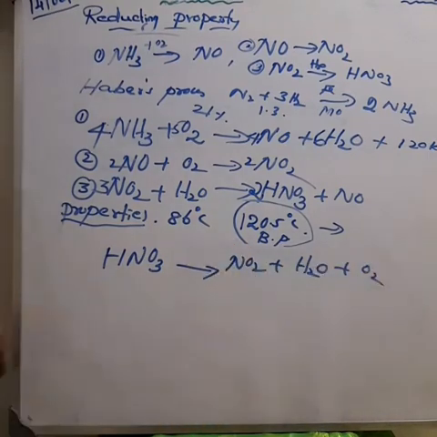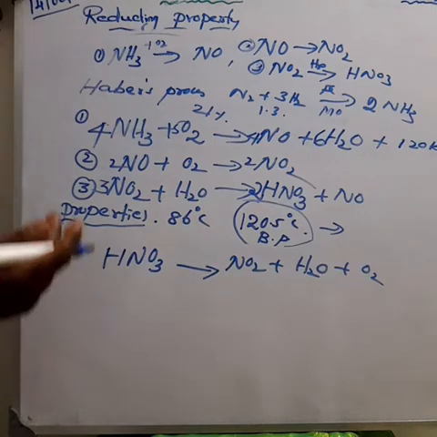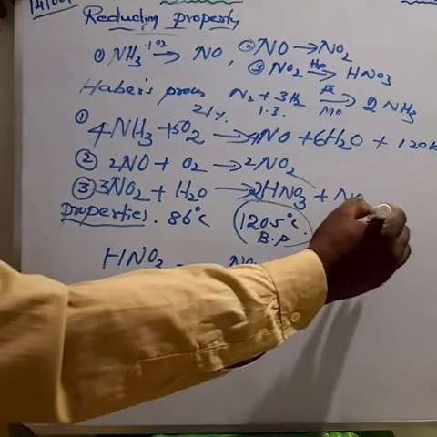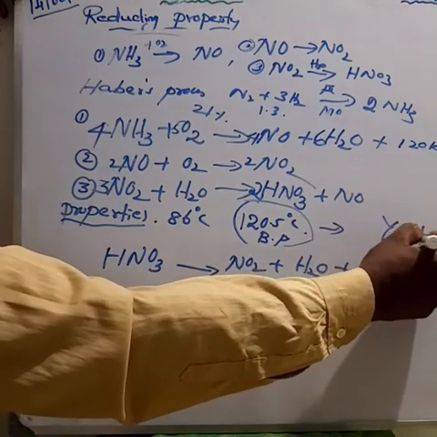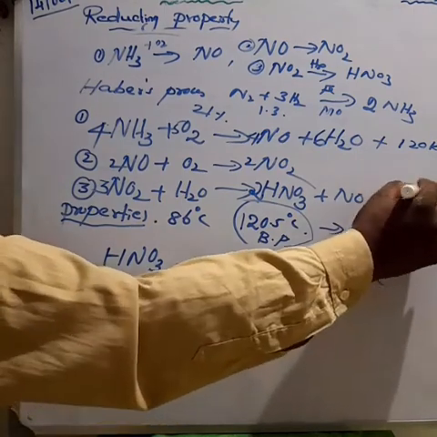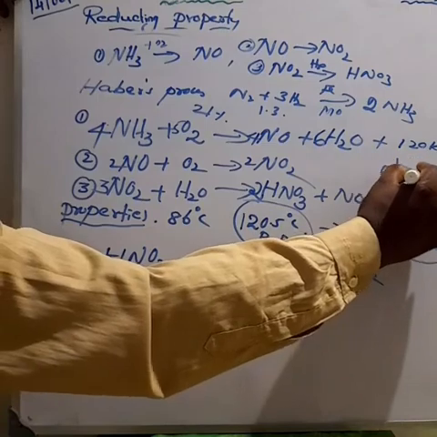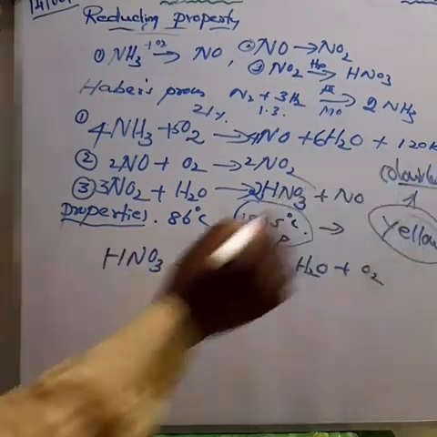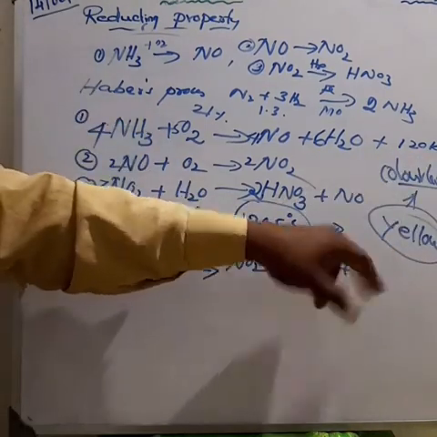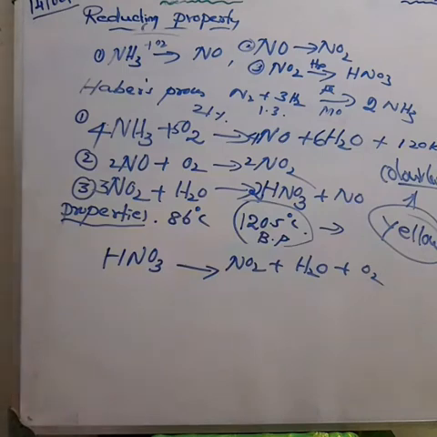The pure nitric acid or its concentrated solution becomes yellow on standing. Before I told you that pure nitric acid is colorless, but it becomes yellow while standing.